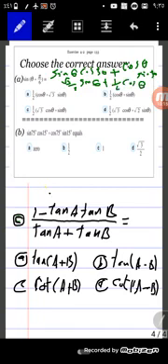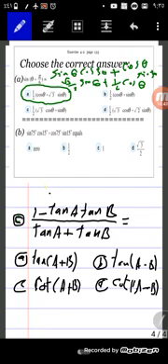We can take 1 over 2 as the highest common factor. Then the result equals 1 over 2 multiplied by root 3 sine theta plus cosine theta. Then the result is number A.